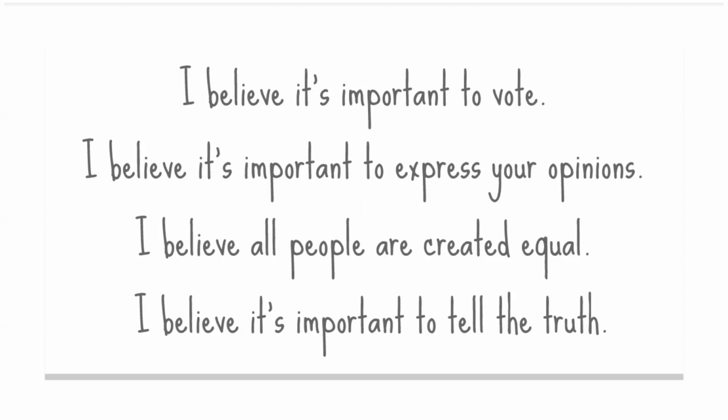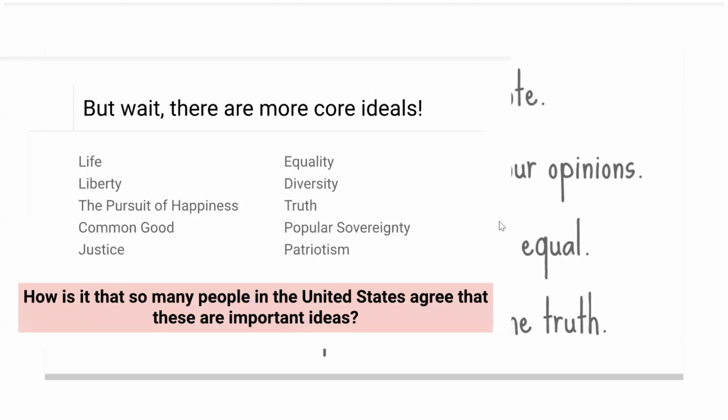And at the end of this activity, what students really do is think about whether these are commonly held beliefs. And they will largely probably say yes, right? So voting, the right to express your opinions, the belief that people are created equal, the importance of telling the truth. These are core ideals of the United States.